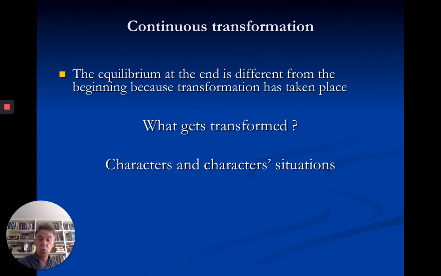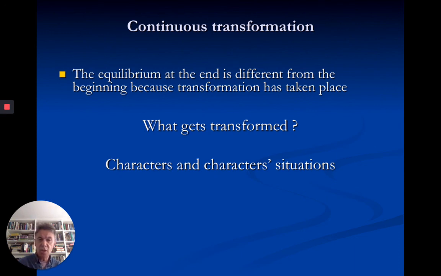And what is it that gets transformed? What's the central focus of transformation? In most films, it's the character, or more usually the characters, but often with a lead character or a set of leading characters.